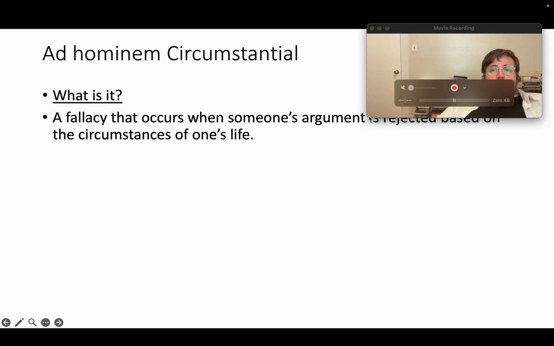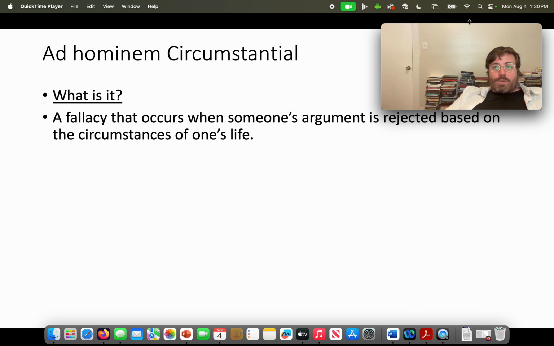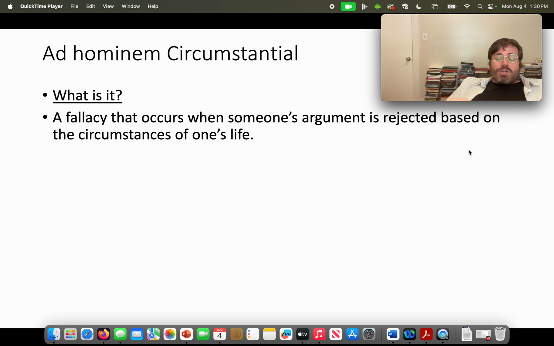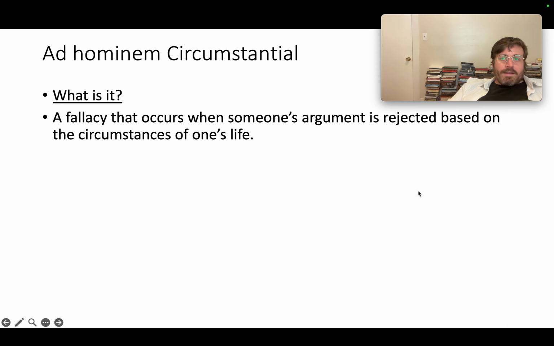And what this refers to is a fallacy of reasoning where someone's argument is rejected based on the circumstances surrounding their life. And by that we mean things like upbringing, people they might know, whether they are wealthy or poor, what region of the country they are born in. And usually the ad hominem circumstantial is a prejudicial attack on those circumstances, right? We're trying to raise suspicion about the lack of credibility of the person based on very arbitrary circumstances.